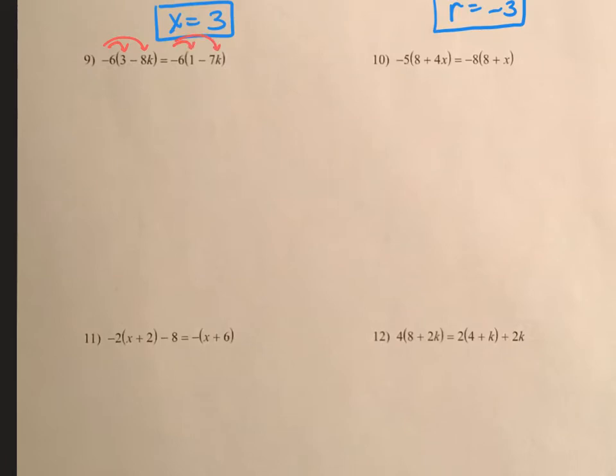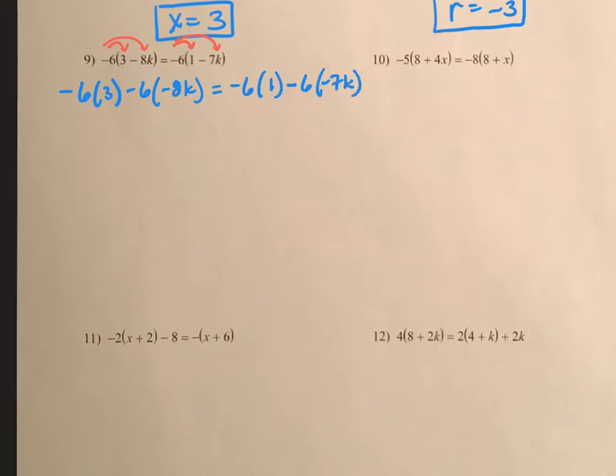So I've got on this left side negative 6 times 3 minus 6, negative 6 times negative 8k equals, on the right side, negative 6 times 1 and a negative 6 times negative 7k.